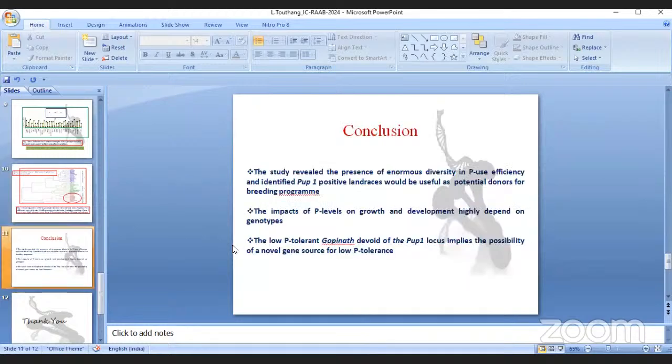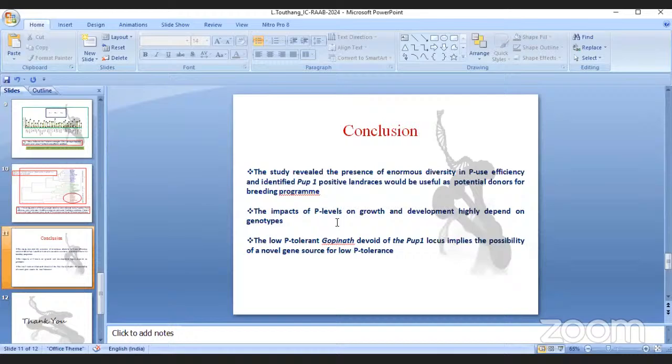From this, we can conclude that there is huge diversity among the landraces in response to phosphorus deficiency tolerance, and some of the landraces identified in this study could be used as donor parents in future breeding programs, or these genotypes can also undergo genetic improvement.